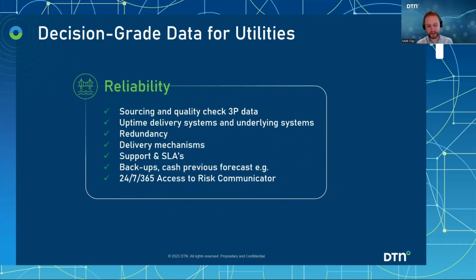So, reliability is absolutely core to the data. The question is really how can you truly achieve this? Well, if we take the first point, we're talking about verifying third-party data, which is really critical for reliability. So, like Ty said, we source third-party data, and then we perform a very important step, which is ultimately the quality check. So, if you take observations, for example, they're absolutely essential to the data. But how do you go about ensuring that that is reliable? Well, for us, it's all about verification.